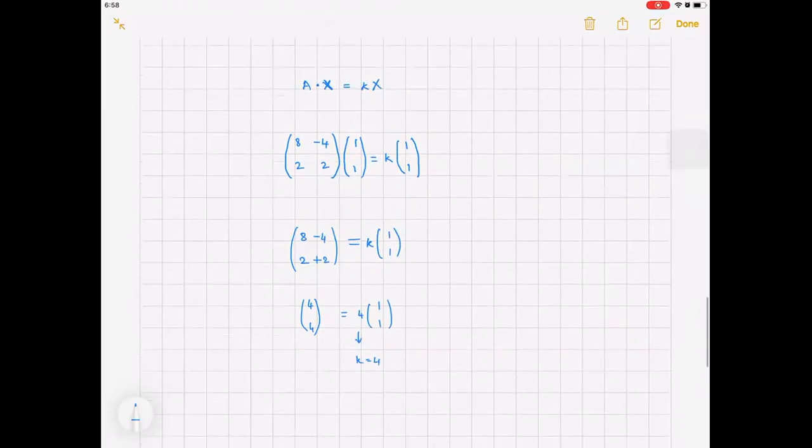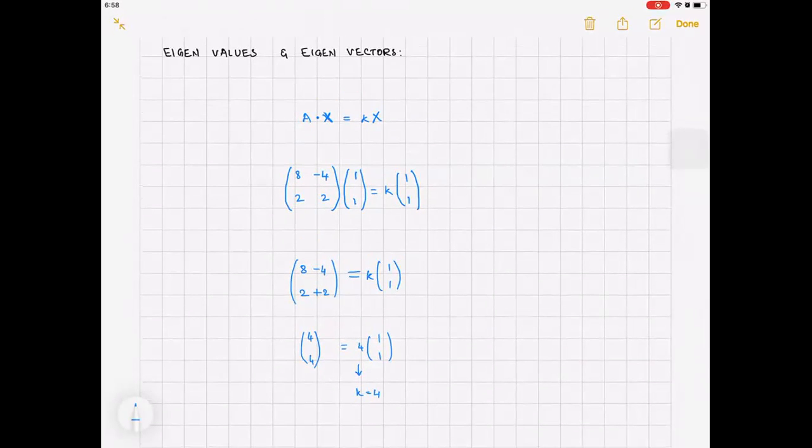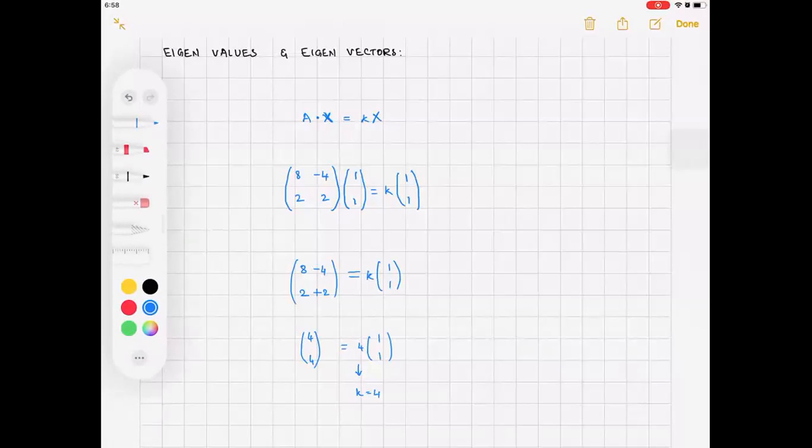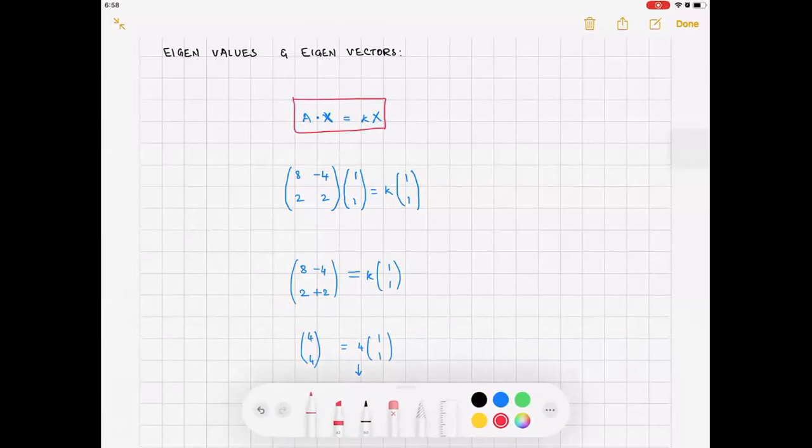So the value K is called an eigenvalue. This K is called an eigenvalue. And the X is called the corresponding eigenvector. இந்த eigenvalue-க்கு corresponding eigenvector இருக்கும்.